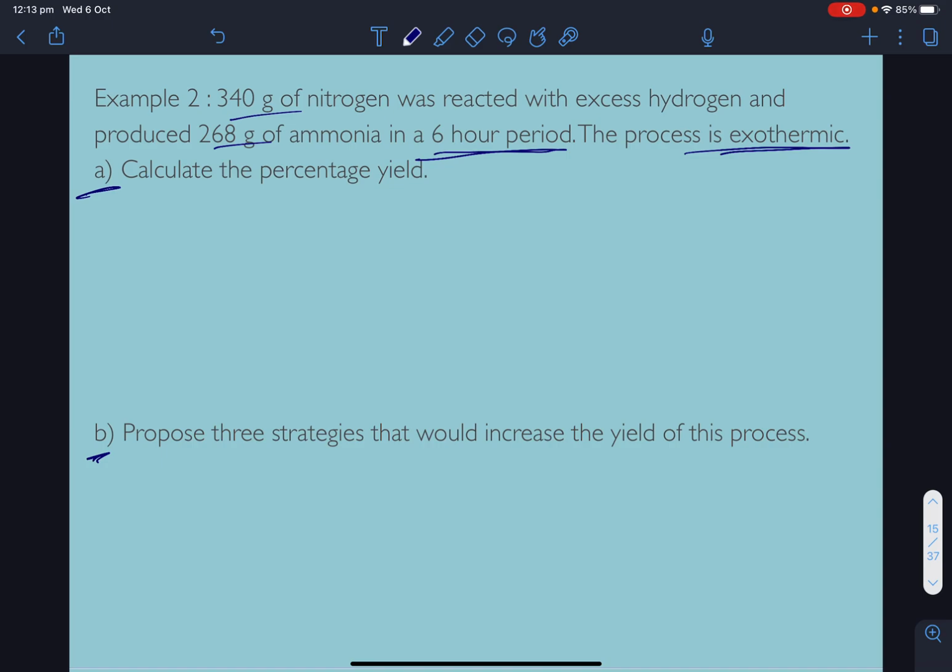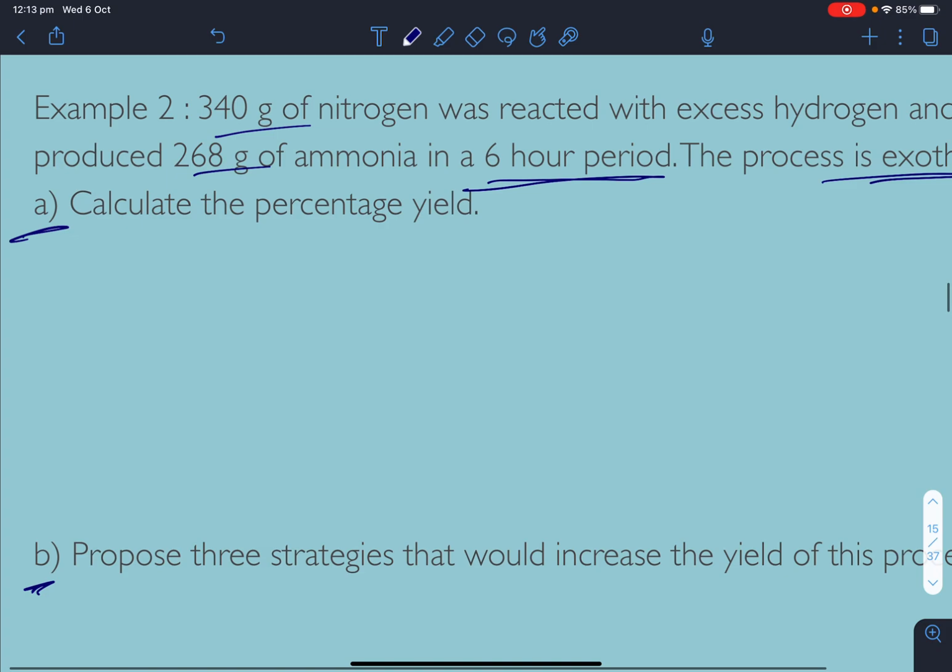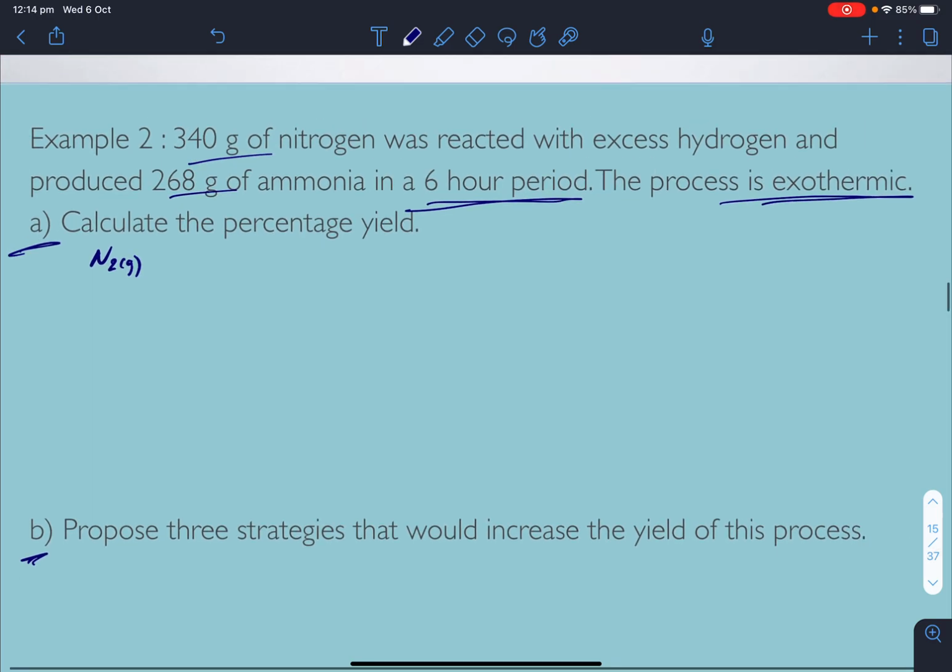So let's do percentage yield. I haven't given myself a lot of space, have I? Okay, small writing. Okay, nitrogen. And, oh no, it is excess hydrogen. I lied. It isn't truly limiting, is it? I've said excess hydrogen, and we're making ammonia.